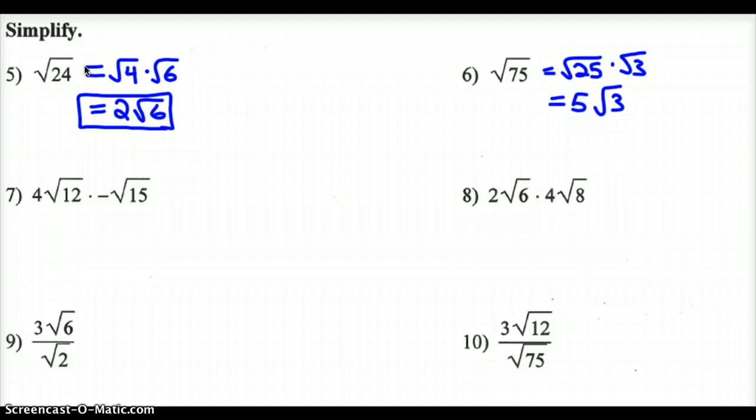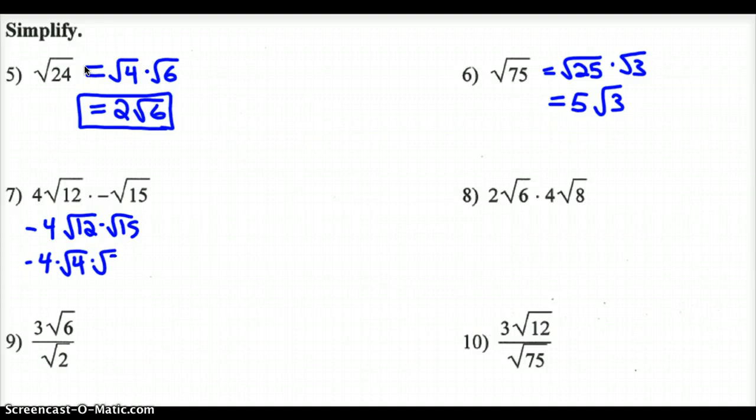Over here, a couple ways to do it. We have a negative times 4 outside, so we're going to get negative 4 times root 12 times root 15. Okay. Root 12 written as root 4 times root 3. And root 15 is root 5 times root 3.